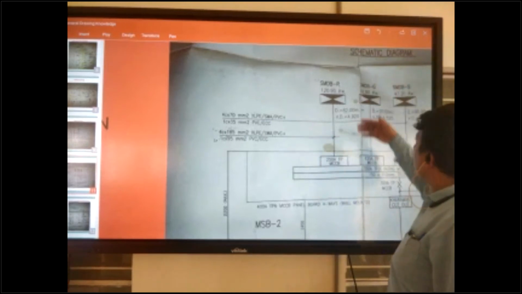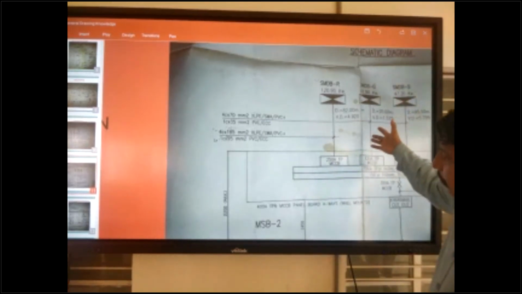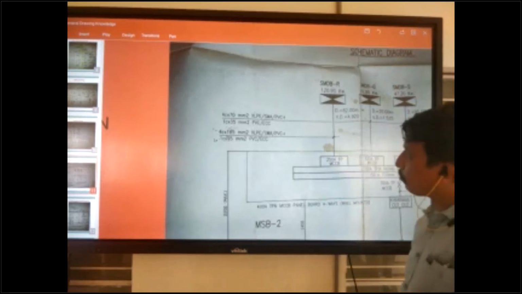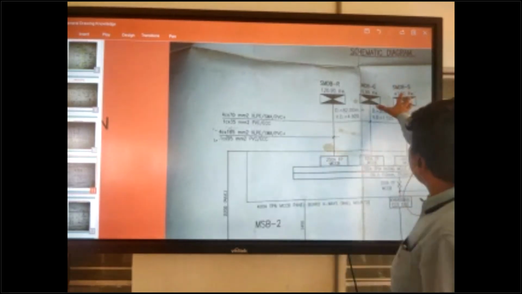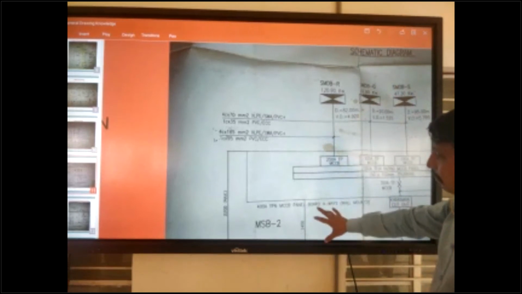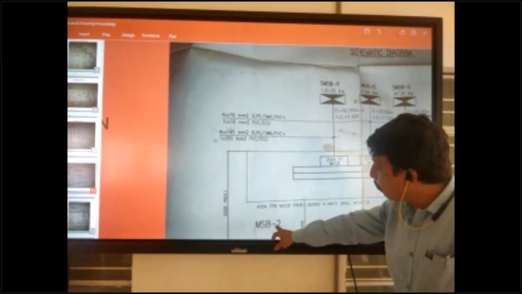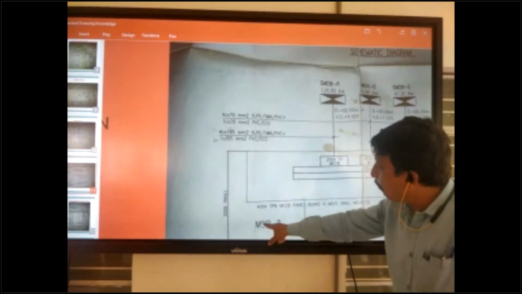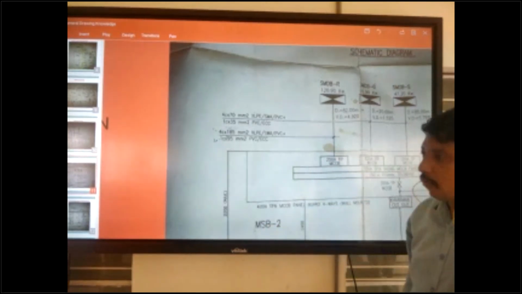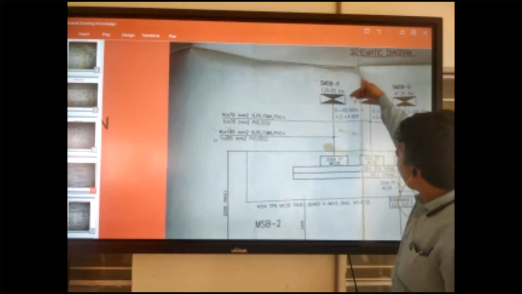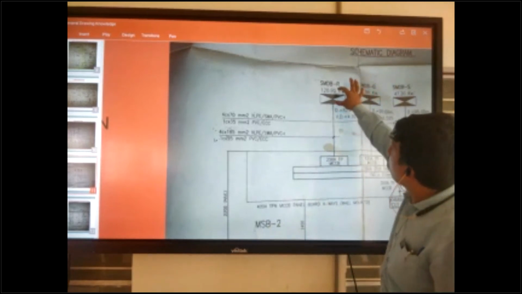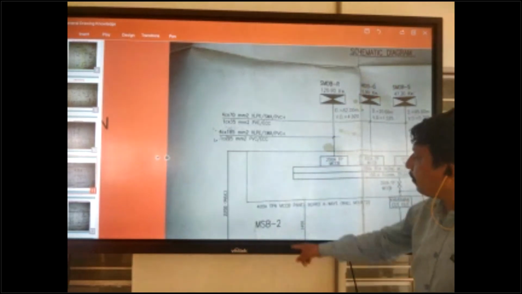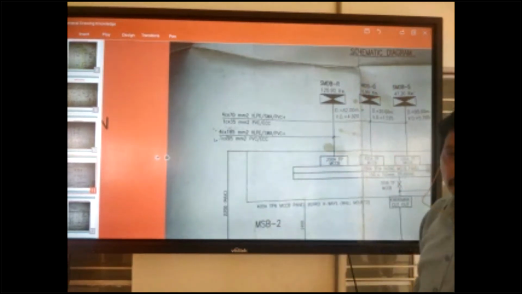SMDB diagram. This is the SMDB layout also. So there are 3 SMDBs. This is MSB, main switchboard 2. All these SMDBs, sub-main distribution boards, are going to main switchboard 22.